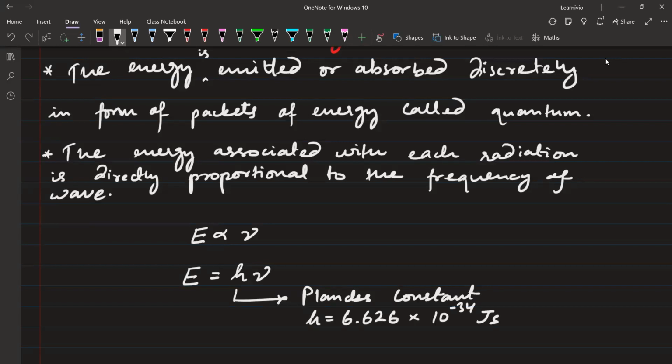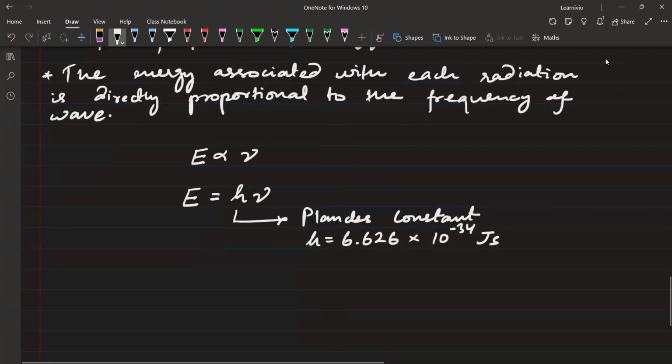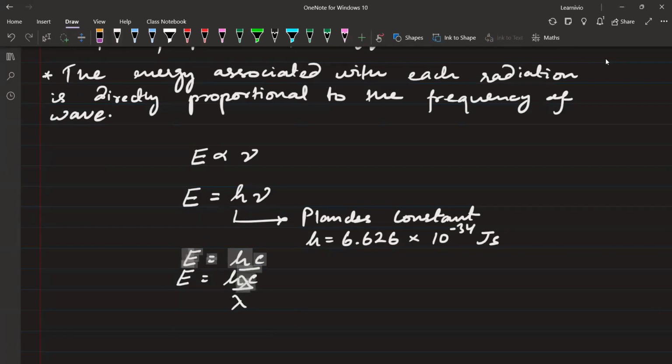Joule per second नहीं है, joule second. ठीक है. Similarly, I can also write this as E is equal to hc upon lambda, because frequency nu is equal to c by lambda. ये भी एक formula आ गया.